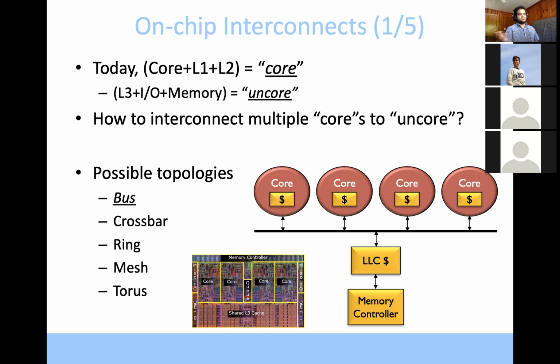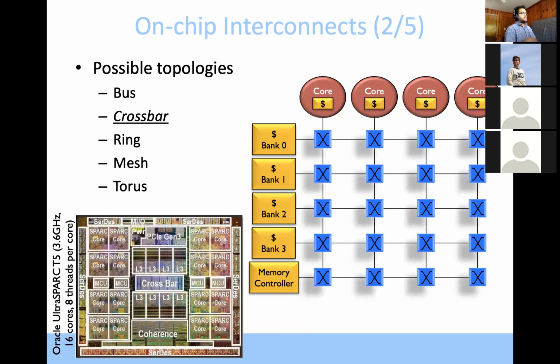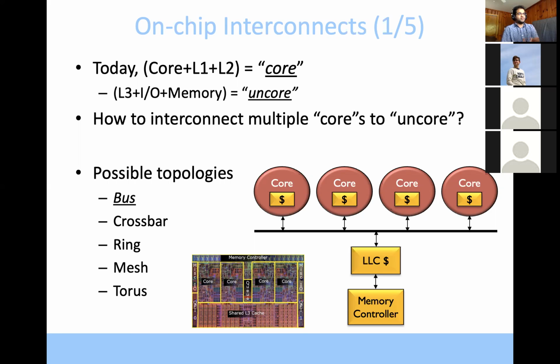So this is the most basic way you build an interconnect. Now, another possible interconnect is a crossbar. And the bus was very common. You'll see this in a lot of processors. I'm not particularly sure which specific one this is, but this is some 4-core Intel CPU.